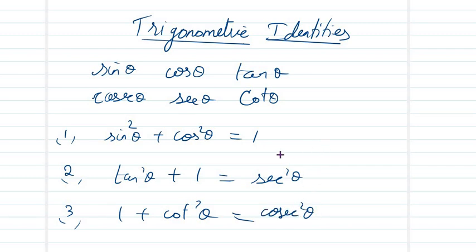So these are the basic trigonometric identities that we have, and using these, you may be able to solve whatever problems are in the exercise. We'll just do a few problems before finishing with this chapter.